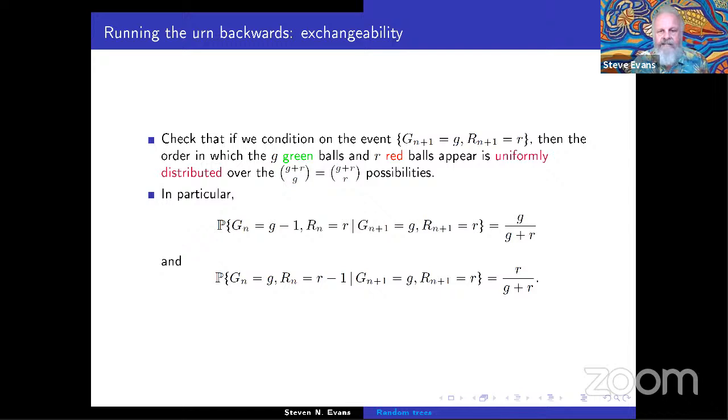If you condition on there being little g green balls and little r red balls having been added at time n+1, then the order in which the little g green balls and the little r red balls have appeared is uniformly distributed over the possible strings of little g greens and little r reds.